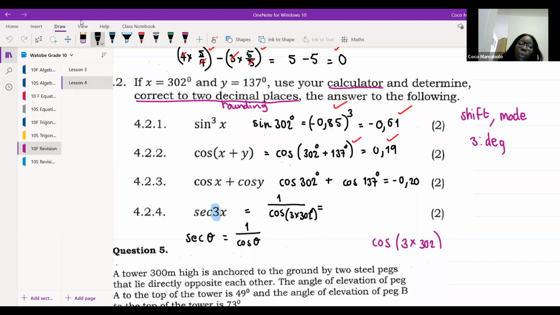Muhammad got negative 1.00, and I agree with Muhammad because that's what I also got. Those of you who got 5.66, did you remember to put all of this over 1? Akman is getting 1.00, but we should not be getting 1. We should be getting negative 1.00.